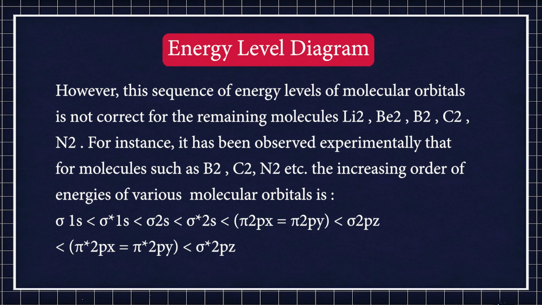For instance, it has been observed experimentally that for molecules such as B2, C2 and N2, the increasing order of energies of various molecular orbitals is σ1s, which is lower than σ*1s, and this is lower than σ2s, then σ*2s, then π2px, equivalent to π2py, and σ2pz, and it is lower than π*2px, equivalent to π*2py, and it is lower than σ*2pz.